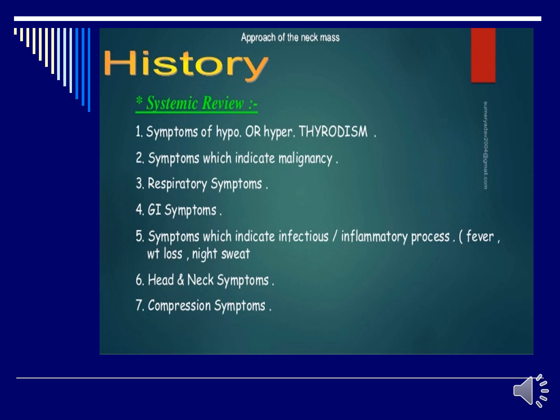Symptoms which indicate infection or inflammation, like fever, weight loss, night sweating, and rigors, whether acute inflammatory or chronic inflammatory. Each of them is important in the diagnosis.